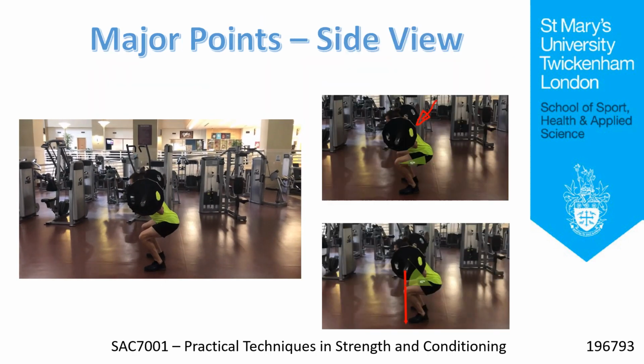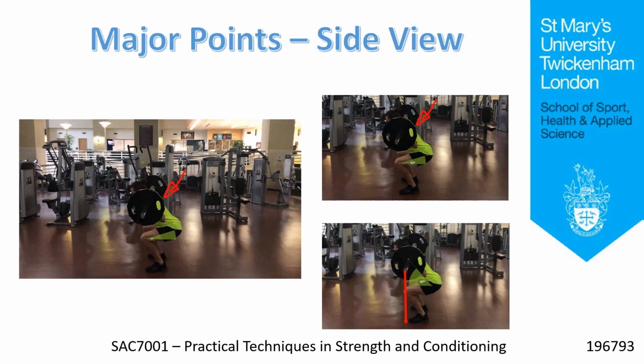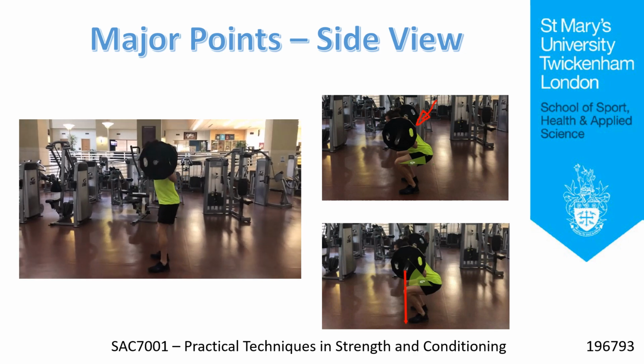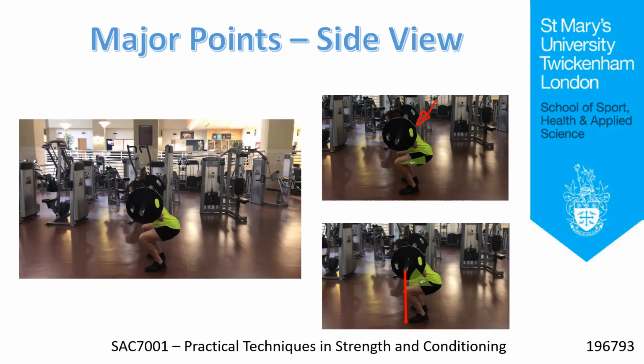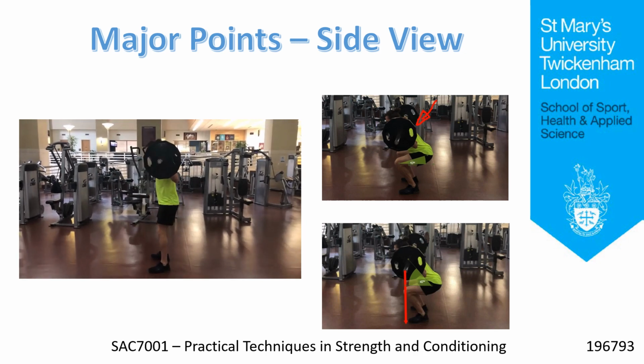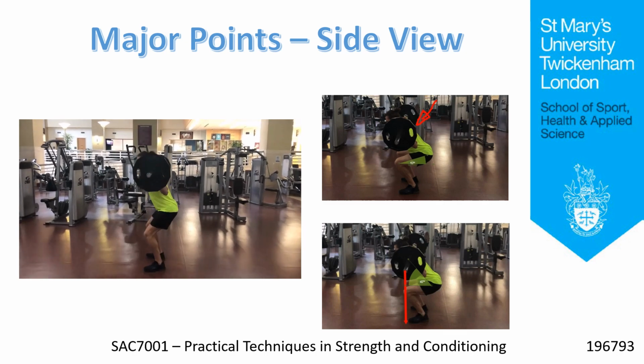From a side view, we can see that he has some trouble reaching depth and that the bar path rotates to the left side, creating an imbalance, making the center of mass also dislocate to the left side.